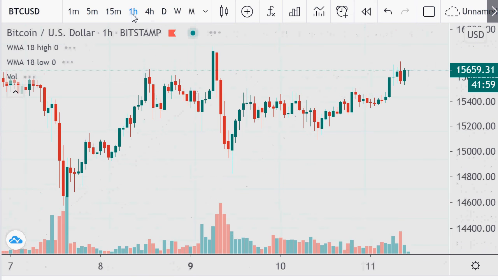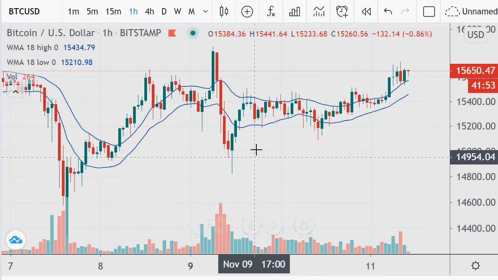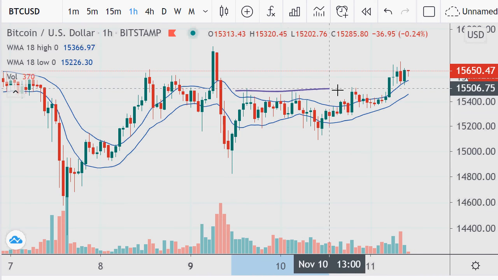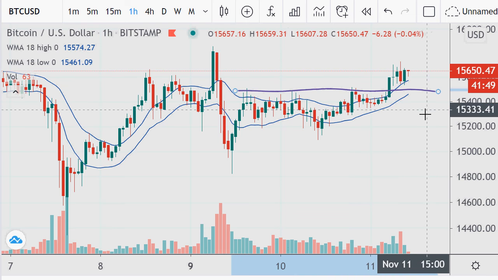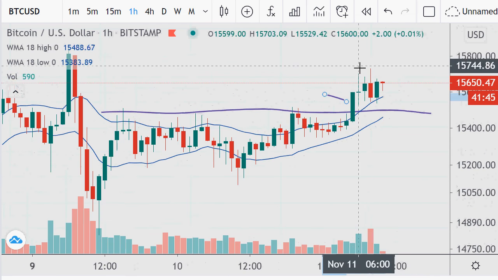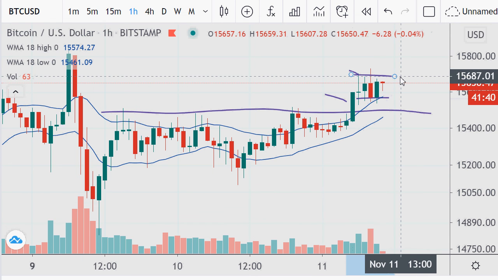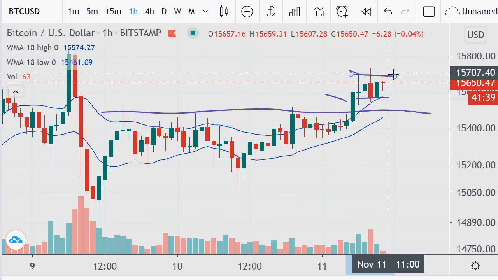But the 1 hour can really show how magnificent this looks to me, because of how it reacts to that certain situation. There's that resistance in here. So it gets out above it in here, establishes this high, and sellers are not aggressively by any means coming in.